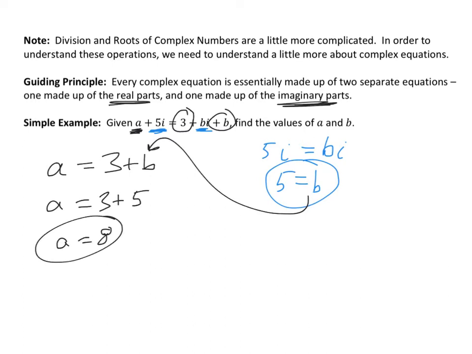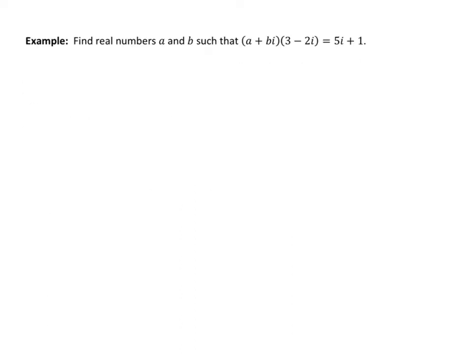So do you see how every complex equation is secretly hiding a system of equations, a real equation and an imaginary equation that both have to be satisfied in order for this complex equation to be valid? Now, this was a simple example. We're going to get into some that are a little bit more complex next, so let's do that.